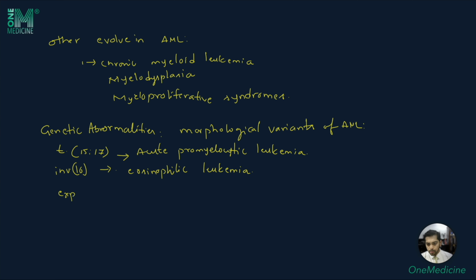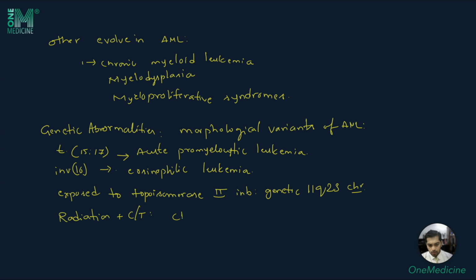In patients exposed to topoisomerase 2 inhibitors, a common genetic variation is seen at 11q23 chromosome. In patients exposed to radiation plus chemotherapy, chromosome 5 or 7 deletions are seen.